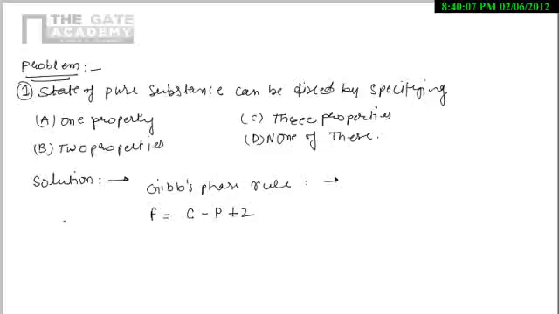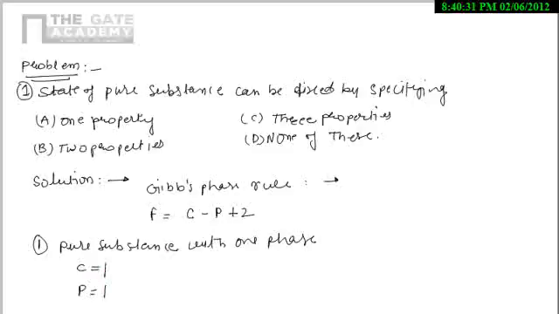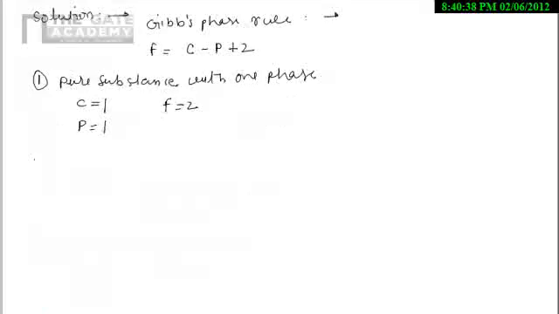Suppose we are talking about pure substance with one phase. So we are having C equals 1, P equals 1, and if we plug in that formula, we will get F equals 2. So two properties is required.